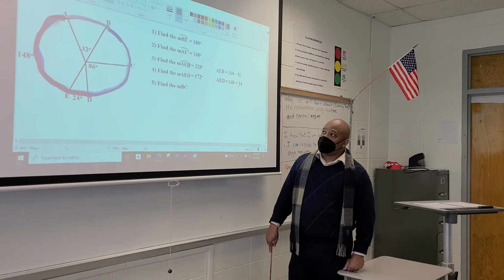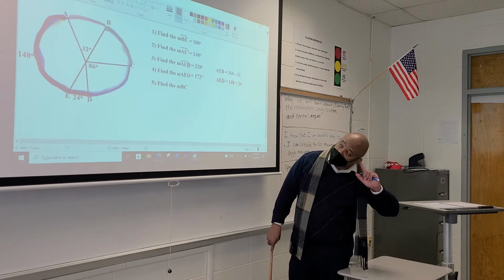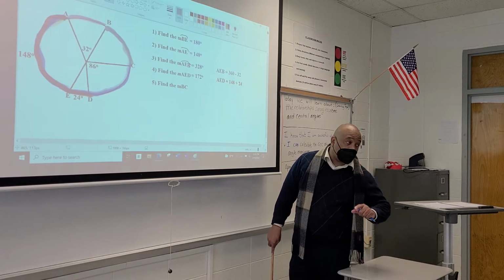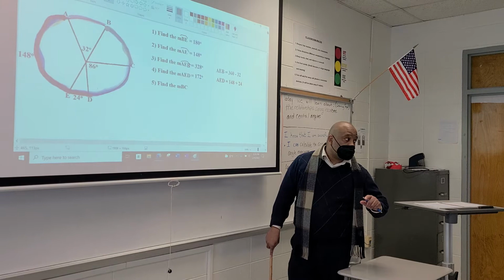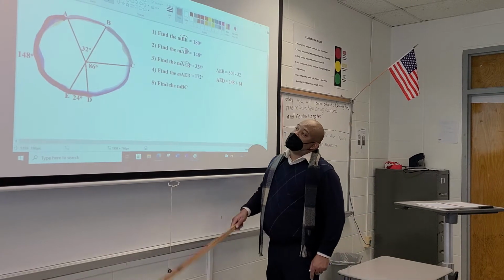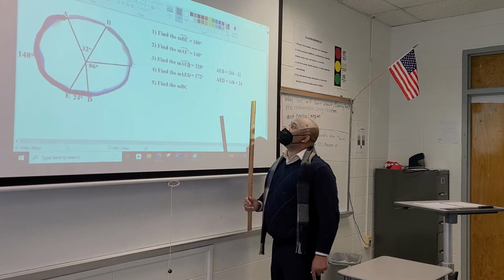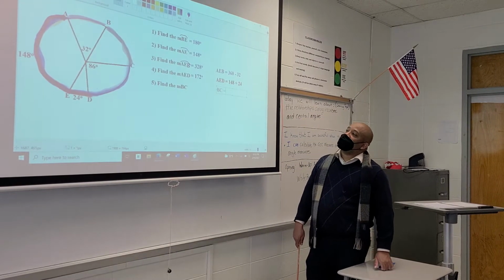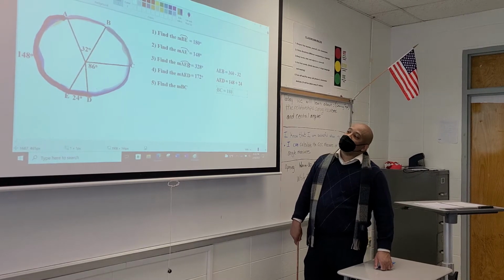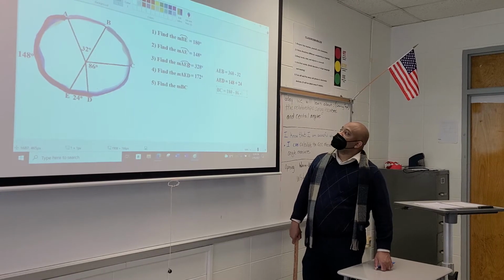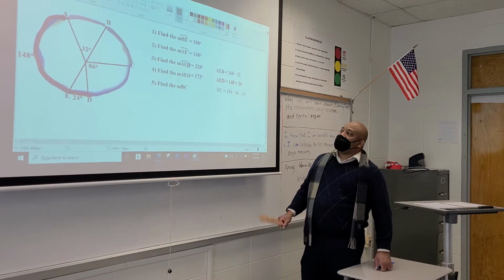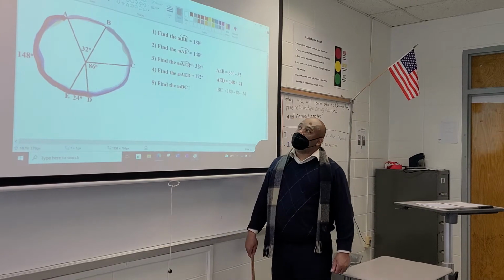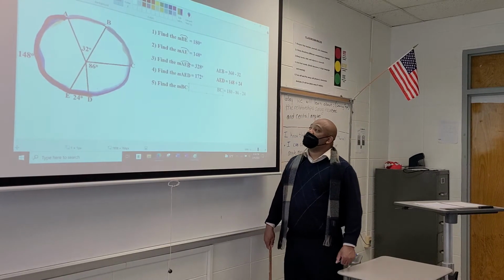Would you subtract 86 and 24 from 180? Correct. If you subtract 86 and 24 from 180, anybody know what that angle should be equal to? 70. That's correct, because 86 and 24 is 110, and 110 from 180 is 70.